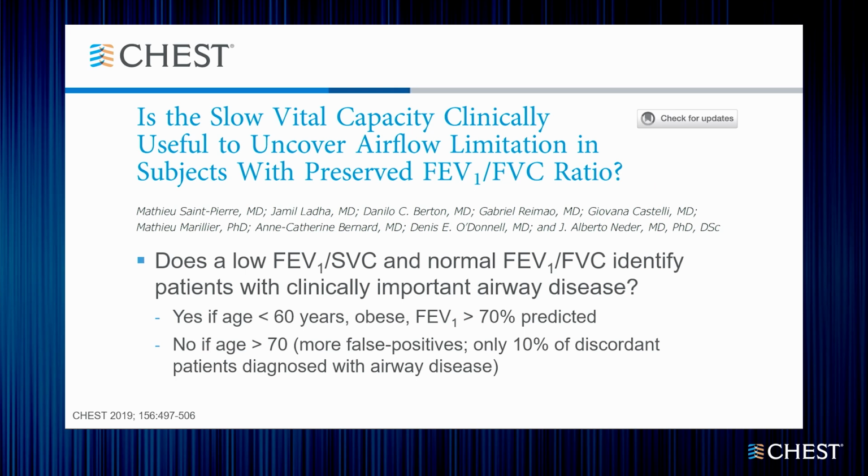And the conclusion was, well, yes, if you were younger, under age 60, or if you were obese, or if you had an FEV1 above 70% of predicted, but no, if you were greater than age 70, you had more false positives. Only 10% of the discordant patients, i.e. that had a low FEV1 SVC but a normal FEV1 FVC, were diagnosed with airways disease in this study.